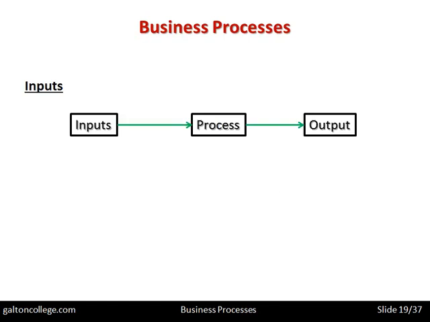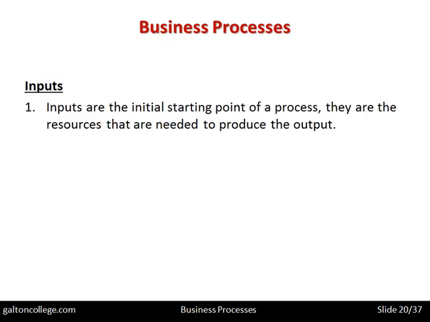Now let's look at inputs for a start. This will be the first one we can look at here. Then we'll move to look at process and output. Now, inputs are the initial starting point of a process. They are the resources that are needed to produce the output. So companies can't magic up some output. They have to use resources.